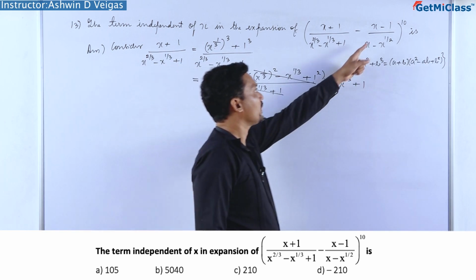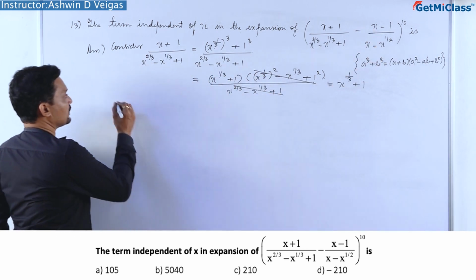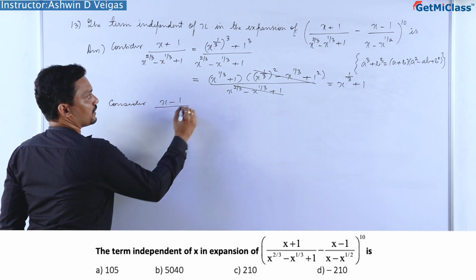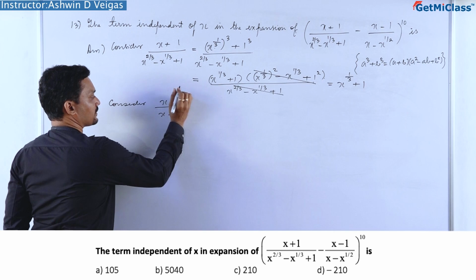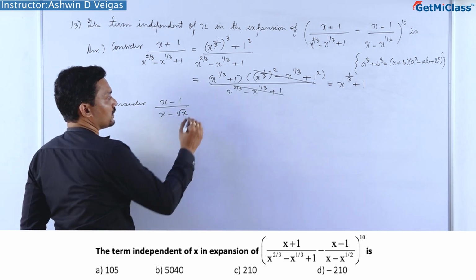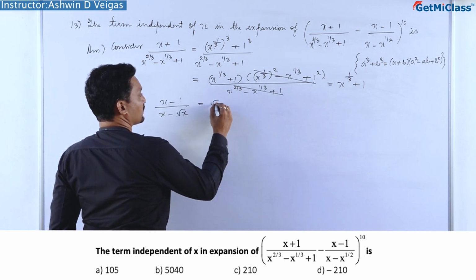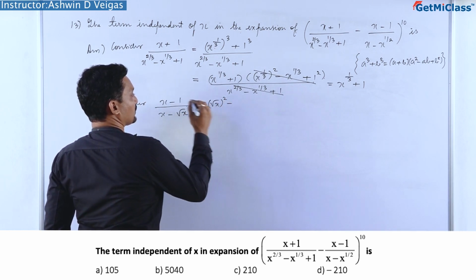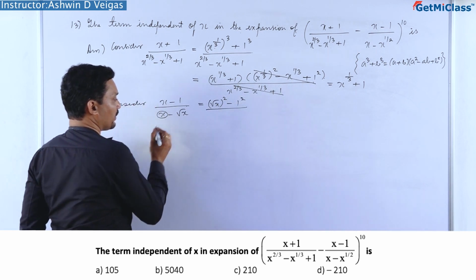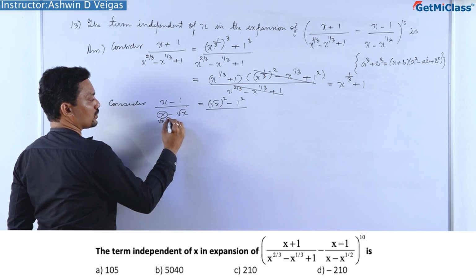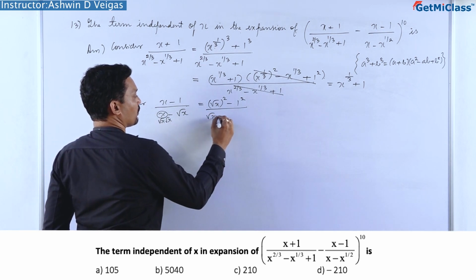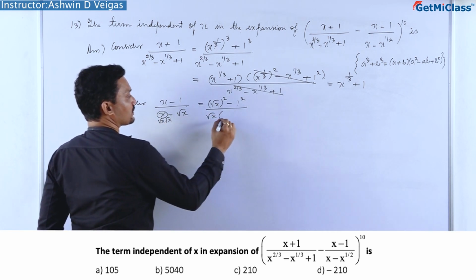Now we will try to simplify the second term. We consider x minus 1 divided by x minus root x; x power half I can write as root x. Now this numerator x, I will write as root x square minus 1 square, divided by, from here, if I write x as root x into root x, I can take root x common, so I will be left with root x minus 1.